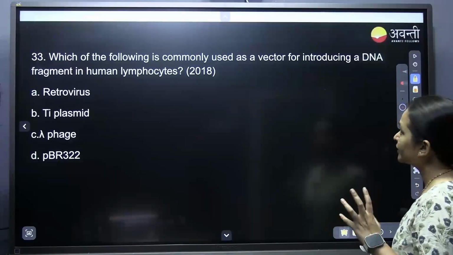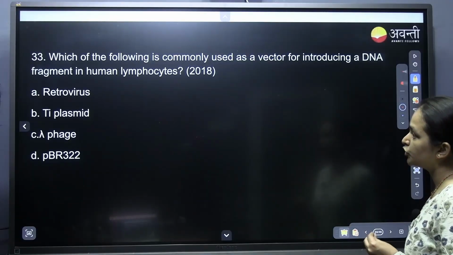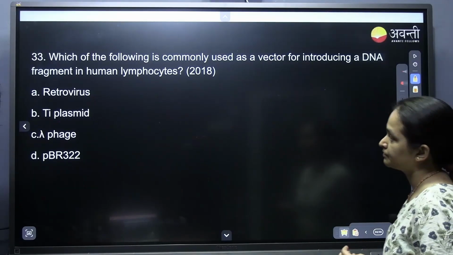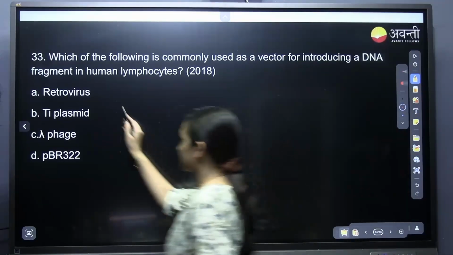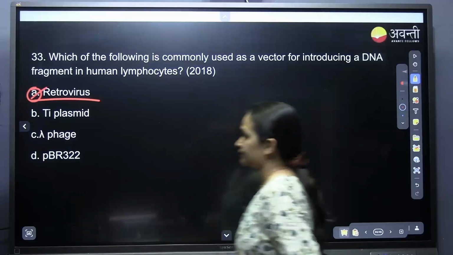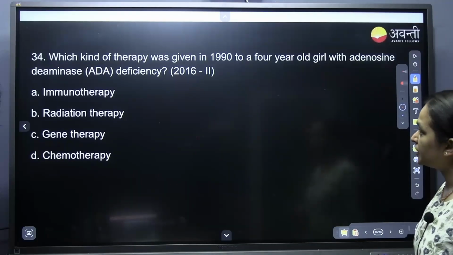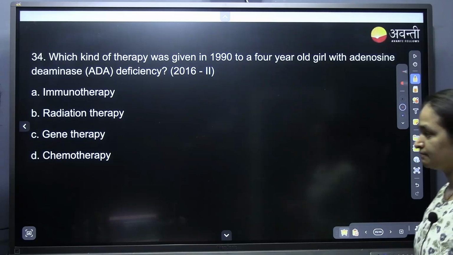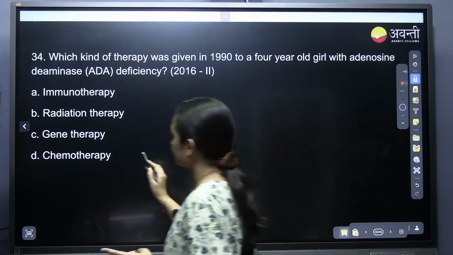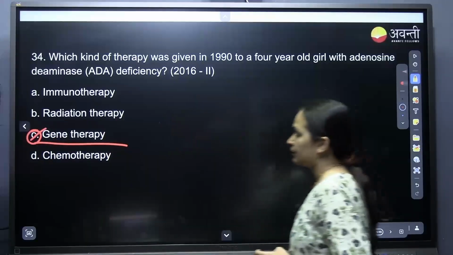Which of the following is commonly used as vector for introducing a DNA fragment in human lymphocytes? Retrovirus. Very good. Which kind of therapy was given in 1990 to a 4-year-old girl with adenosine deaminase deficiency? Gene therapy.